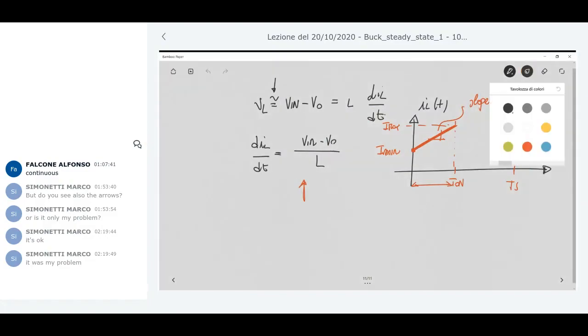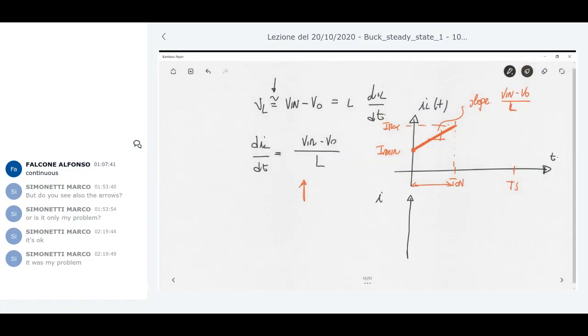So if I put here the current through the switch, this is the on, then I have the same current here, for the switch and for the inductance.